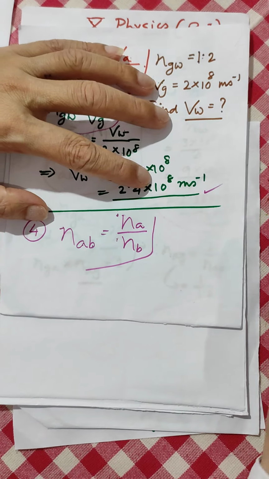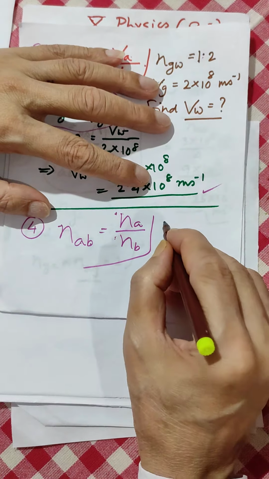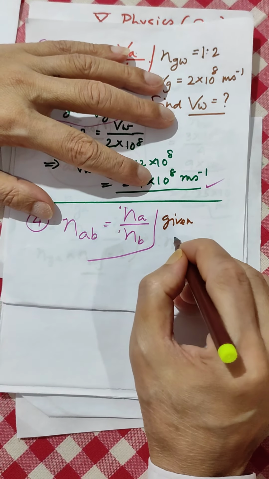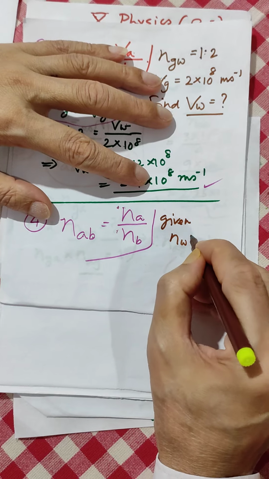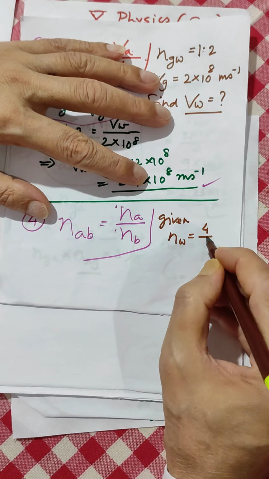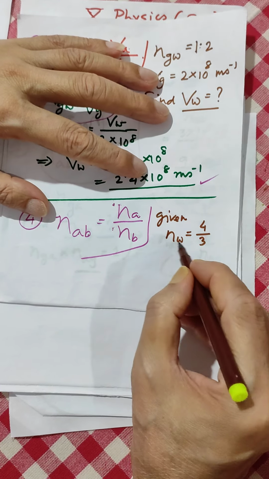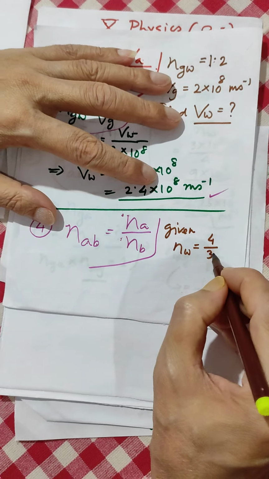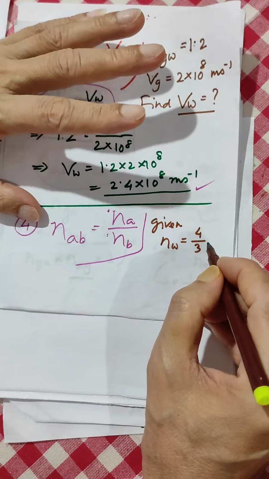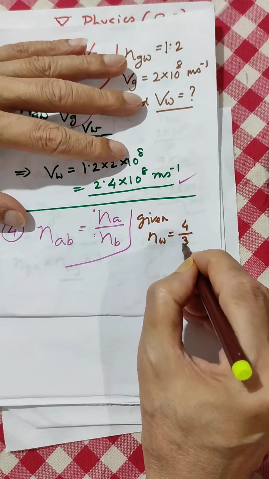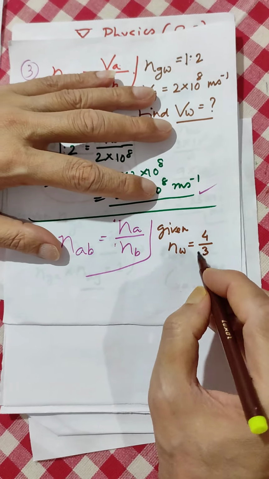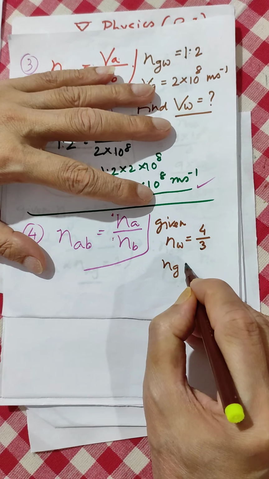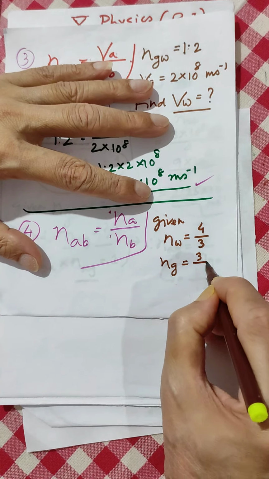Okay, now consider a question. Suppose this equation is given. The refractive index of water is given as 4 by 3. Originally the refractive index is in fraction form. If you want, you can divide it, so 1.33 in terms of decimal. Okay, now this is given, and also the refractive index of glass is given, that is 3 by 2.